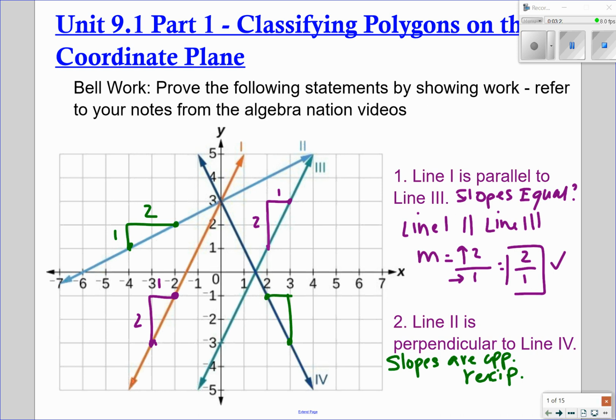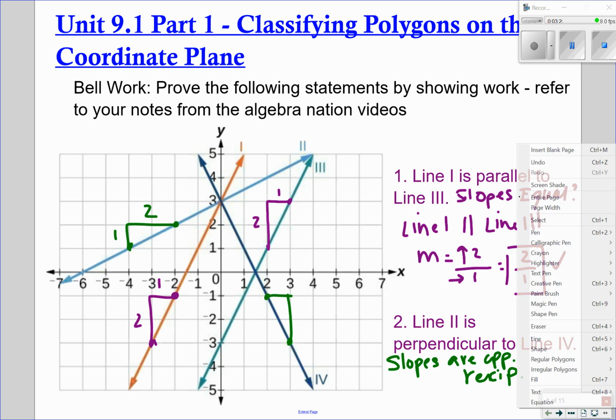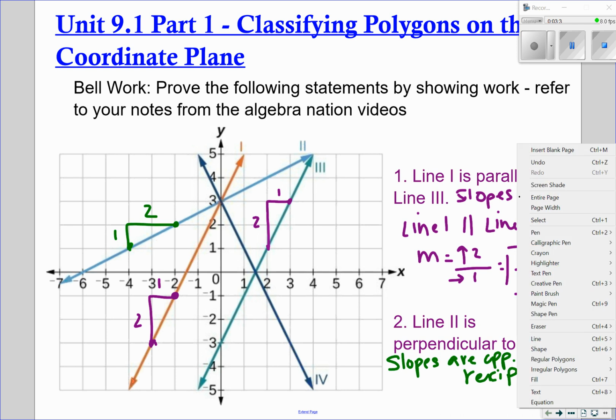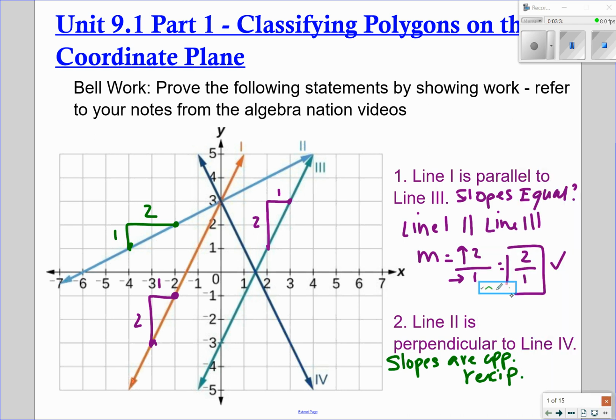Or, if you don't like that, you can go ahead and think about the slope being rise over run from the same 2 points down to over 1. So, this time, since we're going down, I'm going to call this a -2 and a +1.